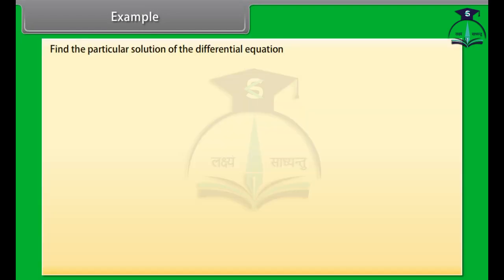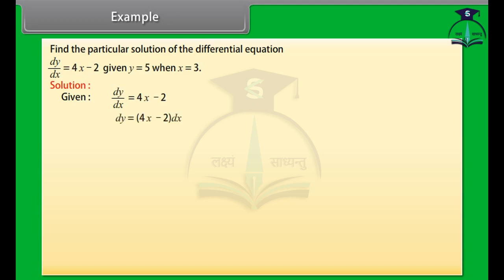Find the particular solution of the differential equation dy by dx equals 4x minus 2 given y equals 5 when x equals 3. Solution. Given dy by dx equals 4x minus 2. dy equals 4x minus 2 dx.